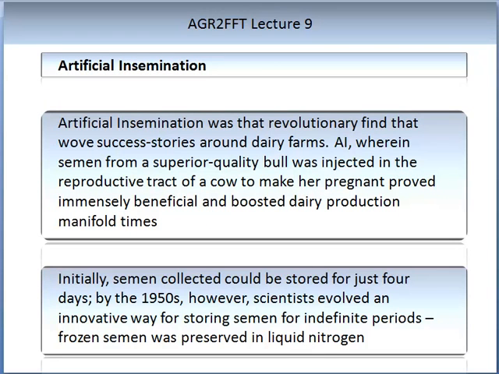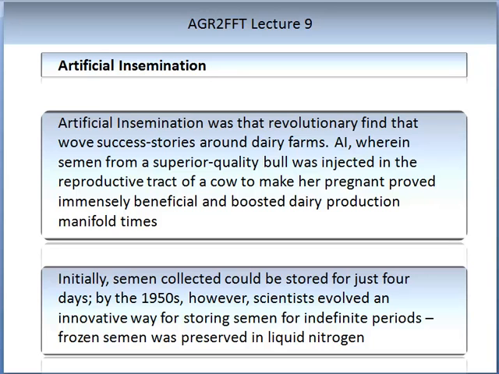Artificial insemination is regarded as a revolutionary technology, as it has significantly aided dairy farmers and their ability to breed. There are stories of how early artificial insemination significantly boosted cow reproductive qualities, particularly on the milk production side.